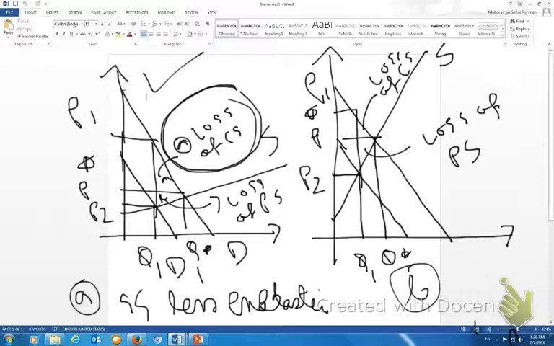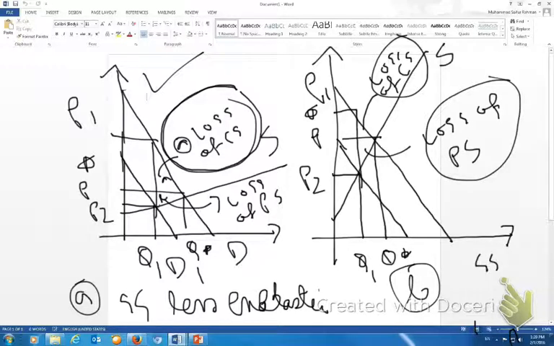In B, we see that the loss of consumer surplus, the upper triangle, is smaller than the loss of producer surplus, the lower triangle. So when the supply curve is more inelastic, our producers, the sellers, bear a larger share of the tax burden.